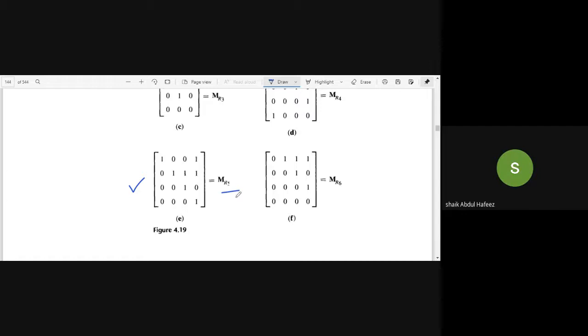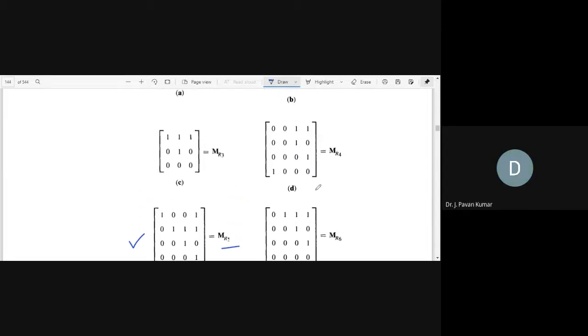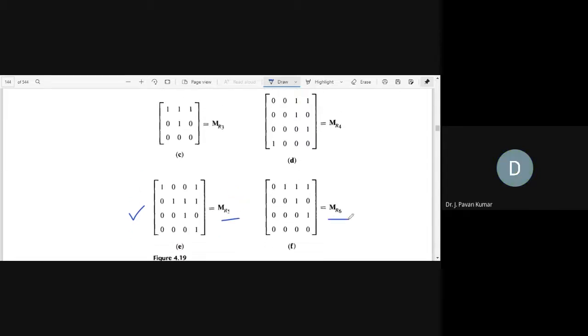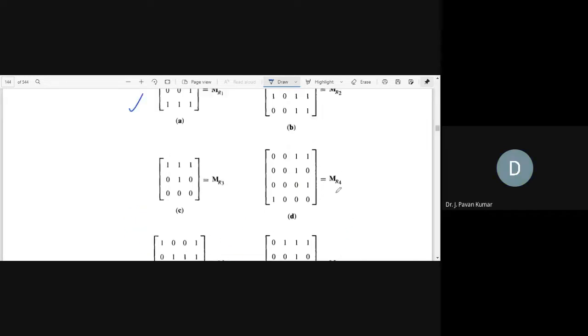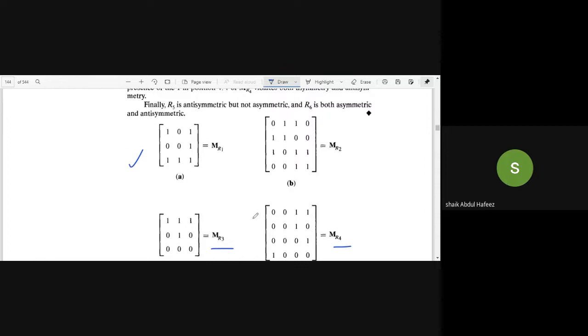Below the diagonal, they are not symmetric, sir. Okay. Next, MR6. No, sir. Next, MR4. No, sir. Okay. MR3. No. Okay. MR1. It is symmetric. So MR1 is symmetric. Next, MR2.